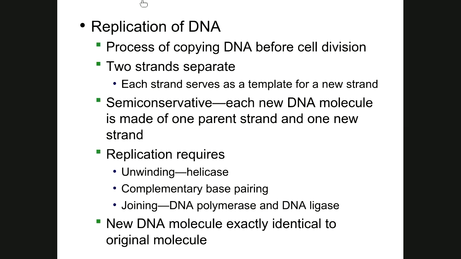One is going to this side and the other one is going to this side. When they separate, the A and T, which are joined in the middle, also become separate.